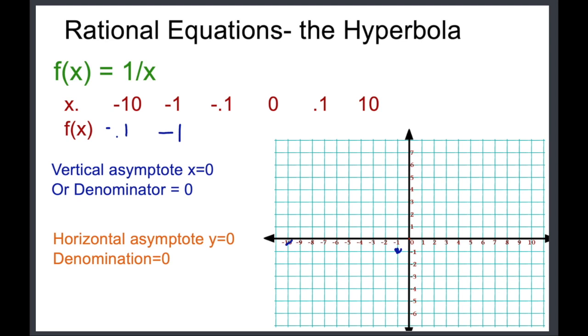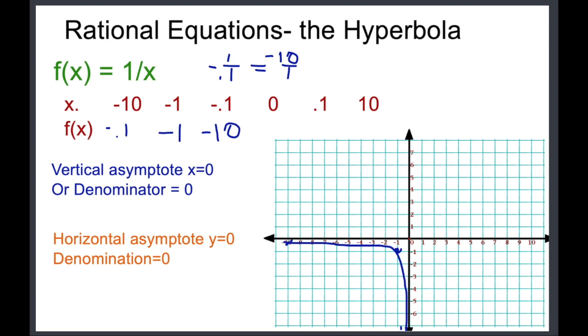And then 0.1 would be 1 over 0.1. If we move both decimal places over one place, we would get 10 over 1. And this is negative because this was negative. So this would be down here below and out of the line of the picture. So this side would look something like that.